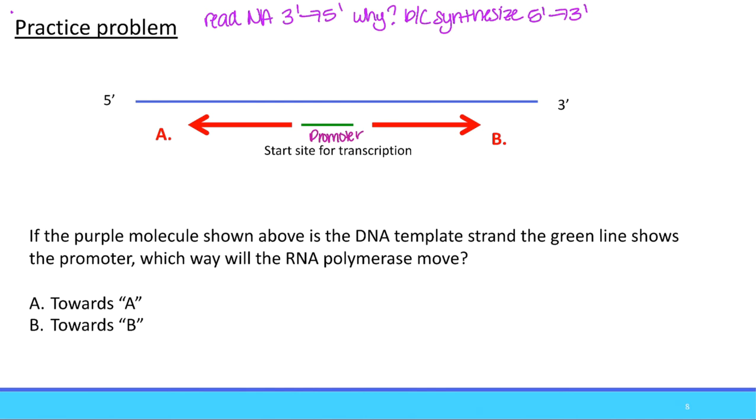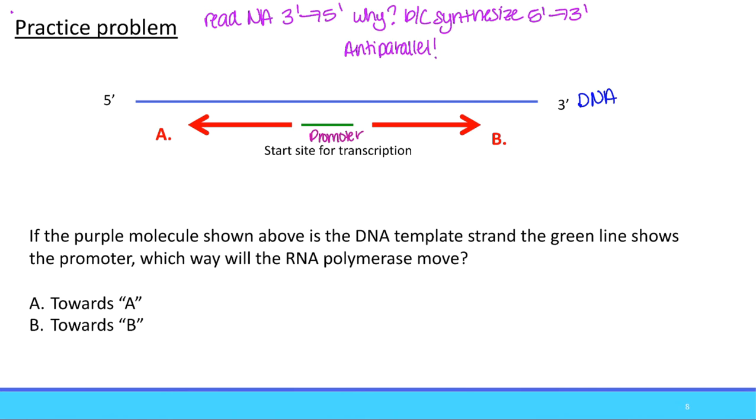The other thing that we have to remember is everything is anti-parallel. So if everything is anti-parallel, we can actually figure out for this molecule where the 5' and 3' should be. So here we have our DNA. Our DNA is written in a 5' to 3' direction.